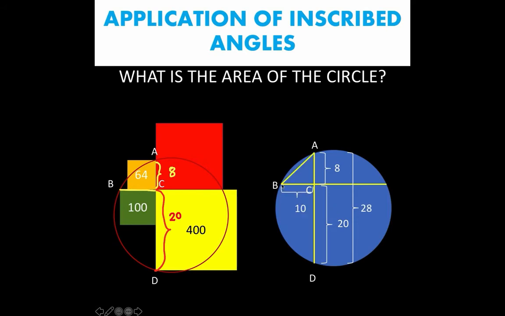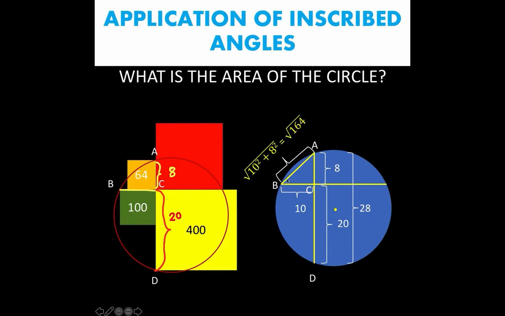Next, let's connect point B and point A in order to form this right triangle, triangle BCA. And since the triangle is right triangle, and we know that the length of side BC is 10 units, and the length of side AC is 8 units, then we'll be able to compute what is the length of this hypotenuse BA. We can compute this using the Pythagorean theorem.